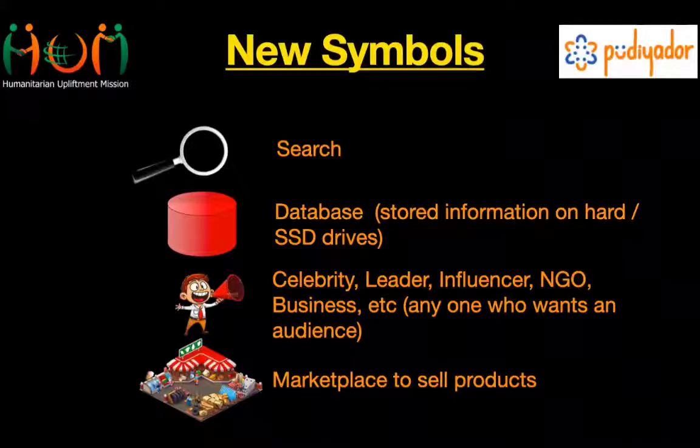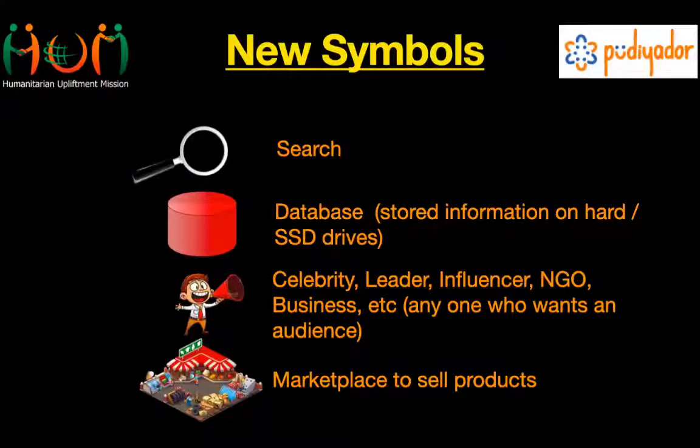So that particular symbol is used to represent anybody who is trying to announce to the world what they're doing, what they're up to. Pudiodor could be talking about all their programs. HUM could be talking about our programs. A business could be talking about their products. A celebrity, for example Rajnikant, could be talking about all the movies he's making, right?